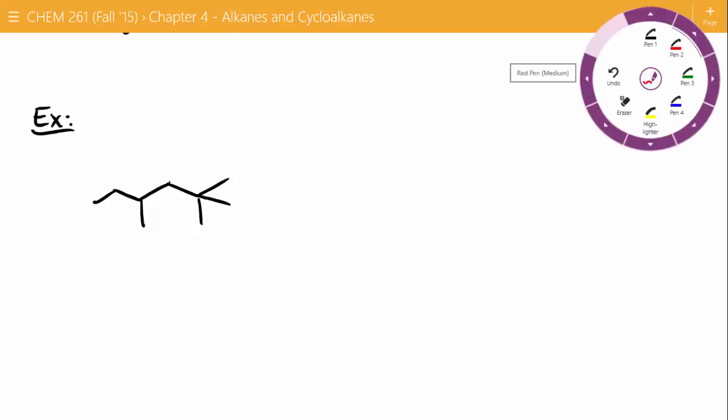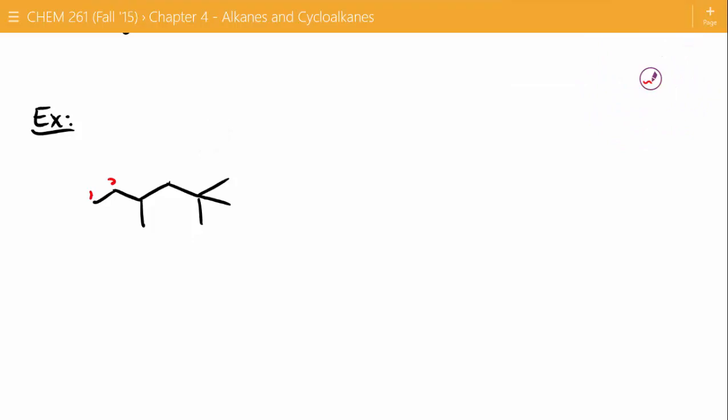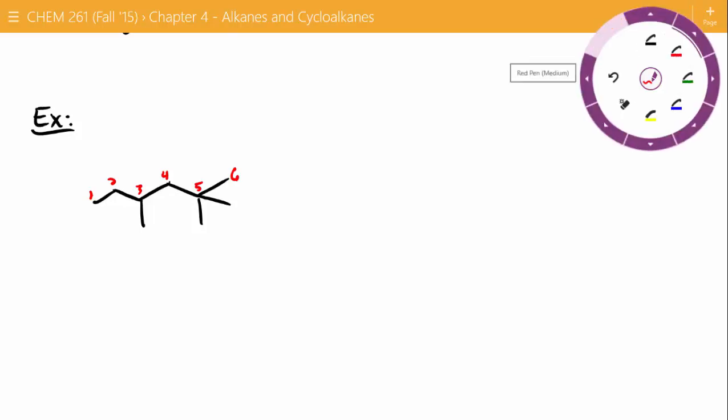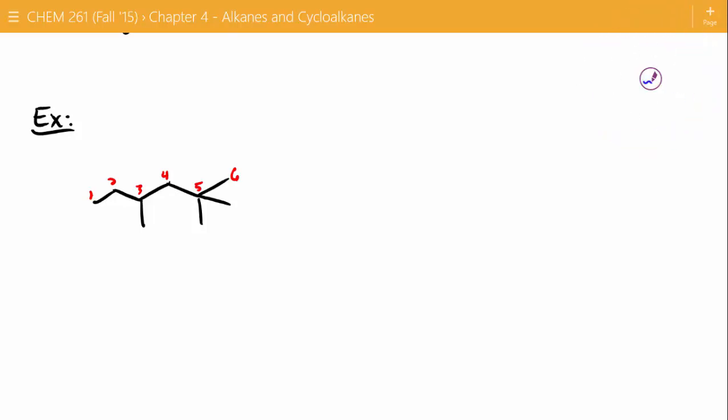All right, so now the question goes, do we number it 1, 2, 3, 4, 5, 6, right to left, or can we number it using the blue system of 1, 2, 3, 4, 5, 6. So just for the sake of argument, let's write out both of them, right?